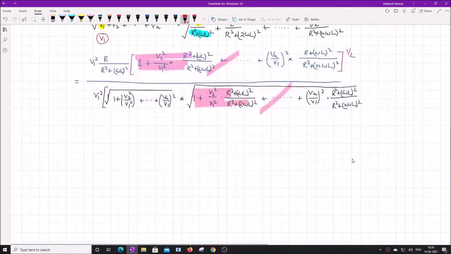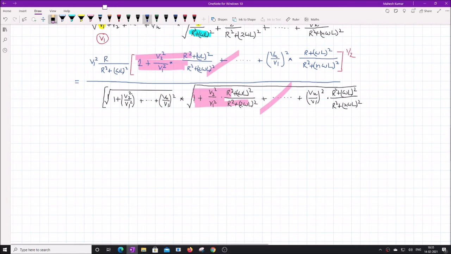Okay, and therefore one more factor was here, V1 square. I have not taken it here because we have taken this common, R square plus omega L square. So square root, of course, because this is taken common, is square root common. I will just correct it in a better way.